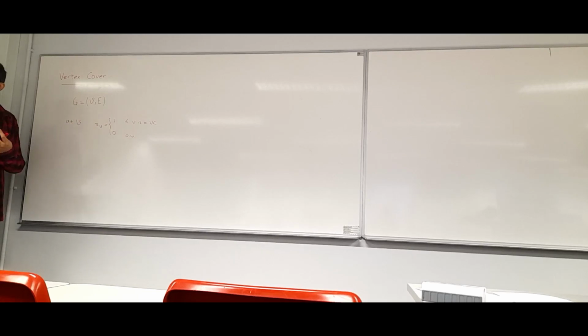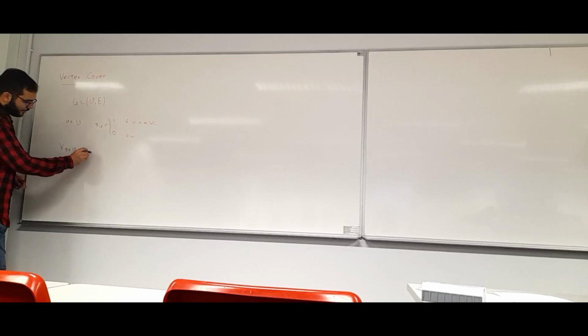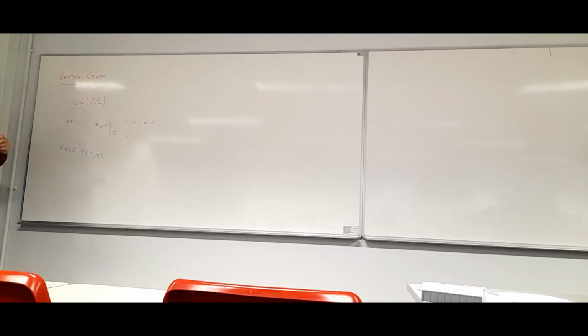So how do I actually write constraints that ensure that these variables give me an encoding of a vertex cover? Well, first of all, I know that for every vertex v, the variable corresponding to v has to be between 0 and 1. This is because, of course, I can take only these two values. But what else do I want to say? I want to say that every edge is covered. Okay?